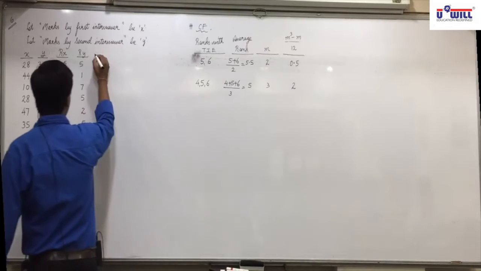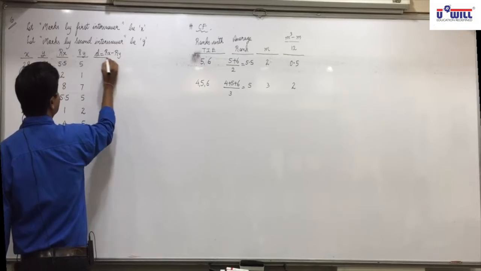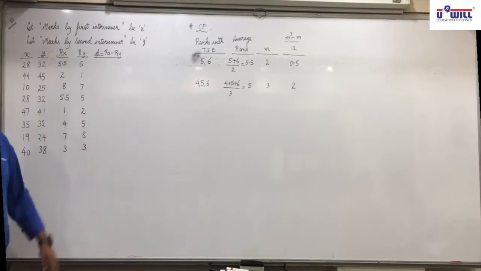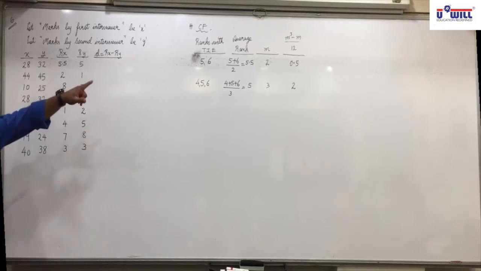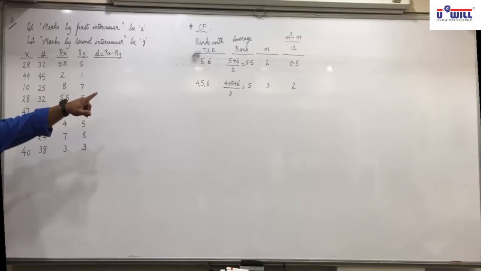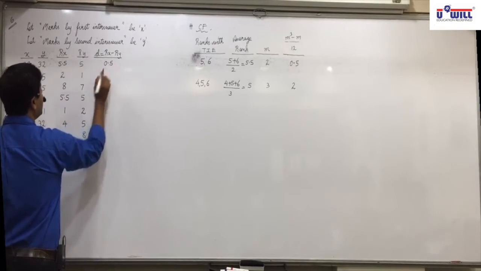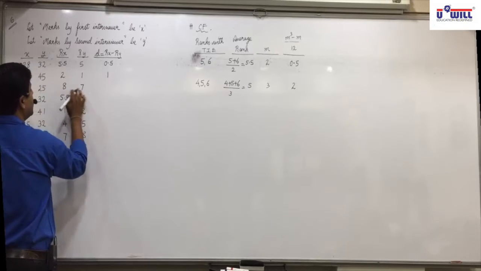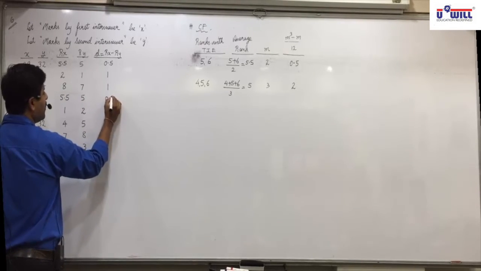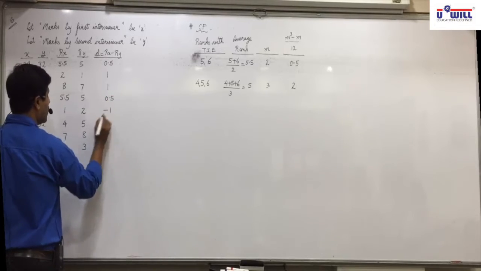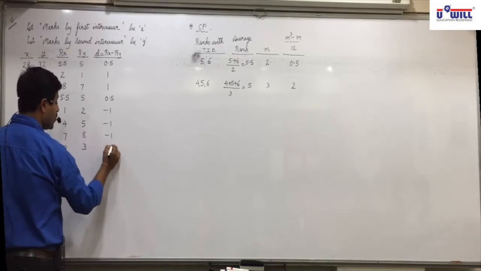Now, we need to find D, which is equal to Rx minus Ry. Okay? Shall I proceed with D? Anyone still writing the ranks of Y or the workings of CF? Raise your hand. Now, 5.5 minus 5, 0.5; 2 minus 1, 1; 8 minus 7, 1; 5.5 minus 5, 0.5; 1 minus 2, minus 1; 4 minus 5, minus 1; 7 minus 8, minus 1; 3 minus 3, 0.